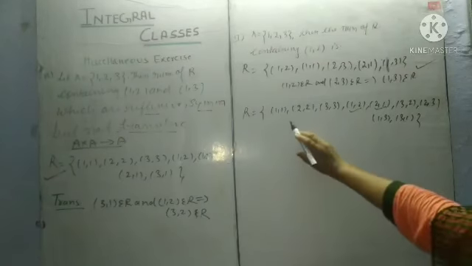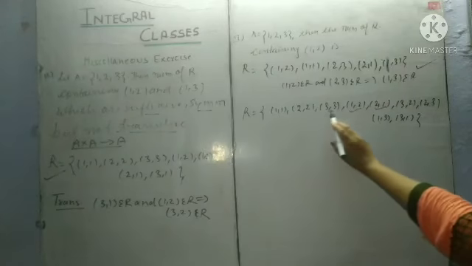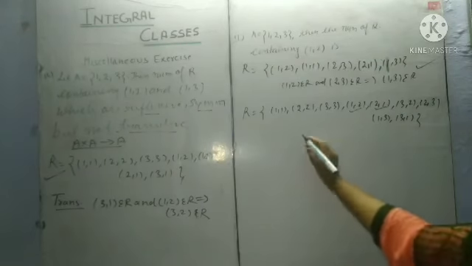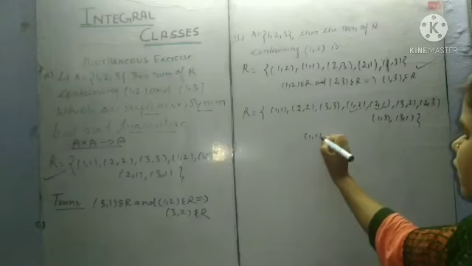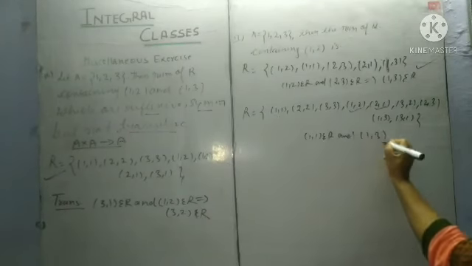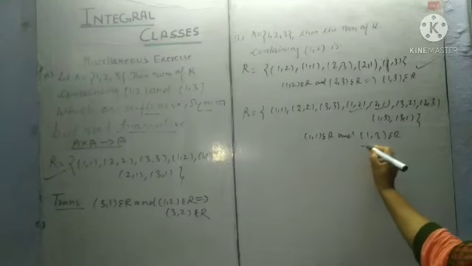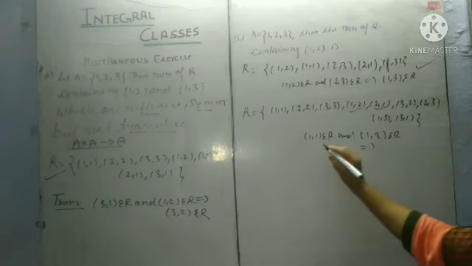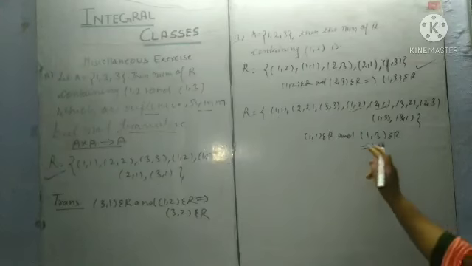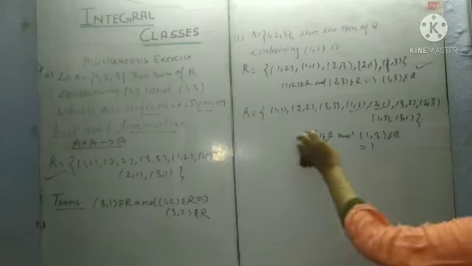Now for transitive, we will consider elements like this. Suppose (1, 1) is an element of R and (1, 3) is an element of R, so it should imply (1, 3). No wait, (1, 3) is not here.